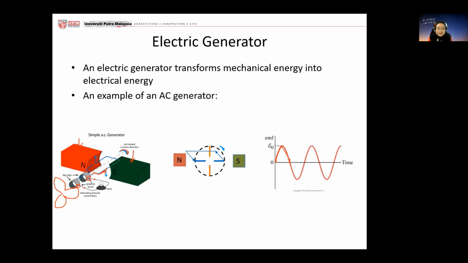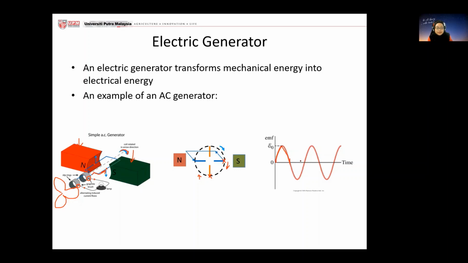In that situation, if you look from this point onwards, from here it's going to go down. But when it starts from this point, it's going to turn up, and that will change according to your right hand rule.